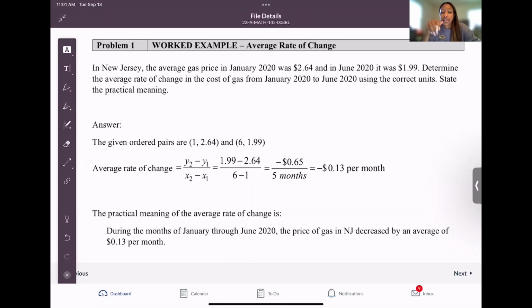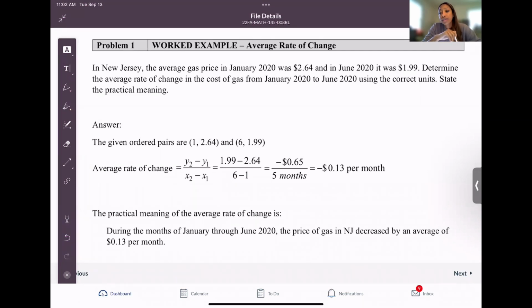I don't like these numbers, but that's fine. When we look at January and 2.64, June and 1.99, we can create ordered pairs by corresponding January to the number 1 and June to the number 6. So that gives us the ordered pairs (1, 2.64) and (6, 1.99). The input is the month, the output is the price of gas.